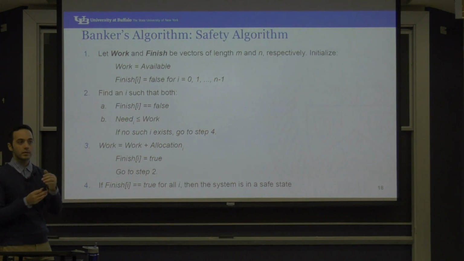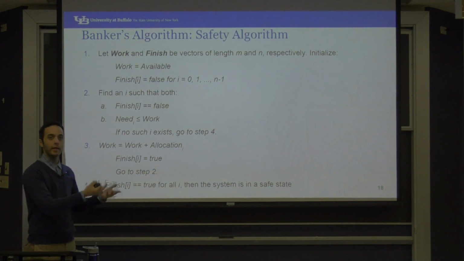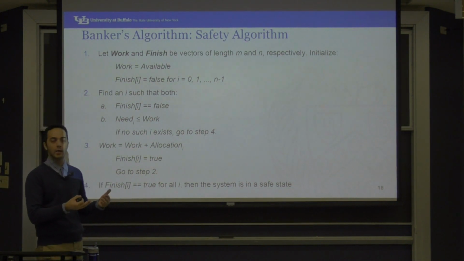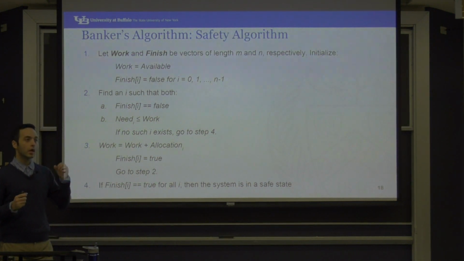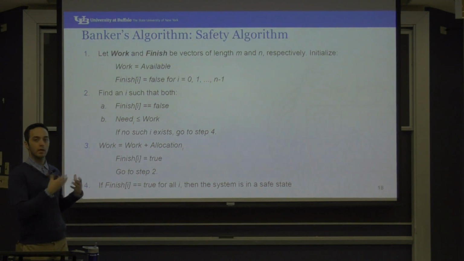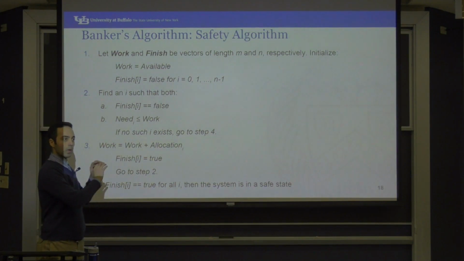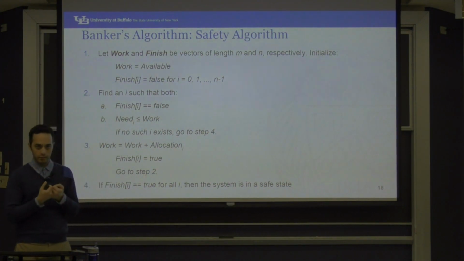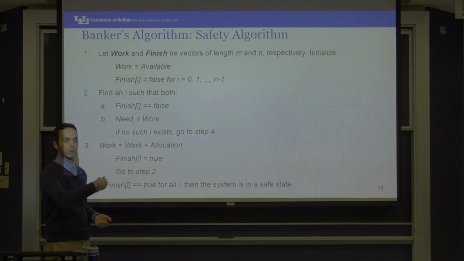If a process's need is less than what we have, it means that we can grant them and then they can finish. Again, remember what the sequence was. We can pick one of the processes that we have the resources available for. We can grant them, let them finish, and then they release, right? And then we can go over to the next.